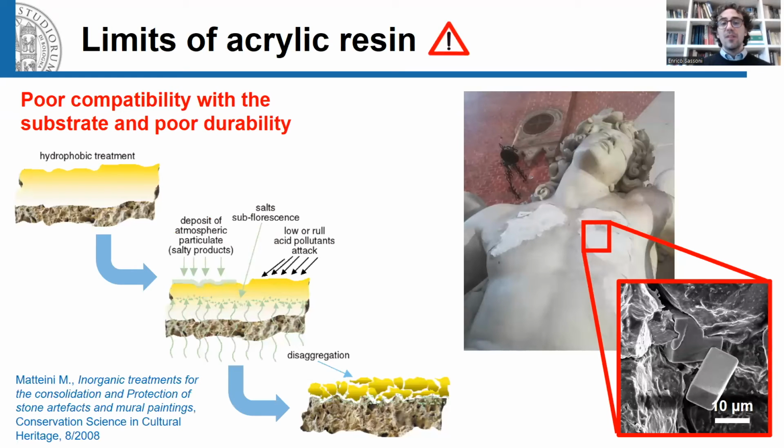Moreover, organic polymers have shown a lot of compatibility issues, leading to failure in their durability because they create a hydrophobic impermeable layer over the treated stone. And then again, in case there's a source of water or saline solution behind the treated stone, the water or saline solution cannot exit the stone, and so there's accumulation of salts, and this can lead to the final detachment of the consolidated layer, and again to failure.